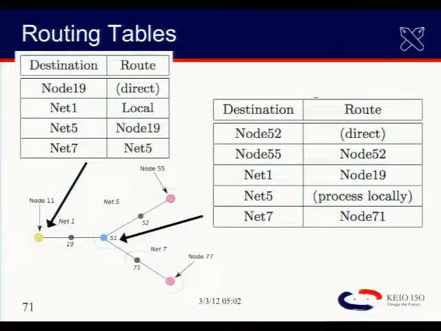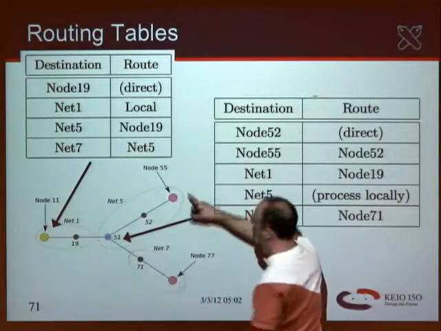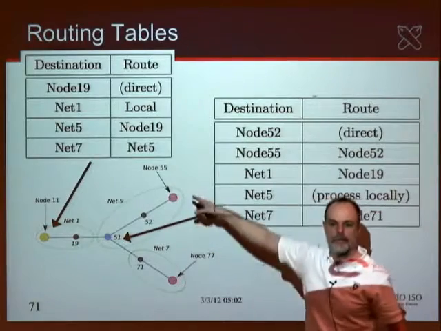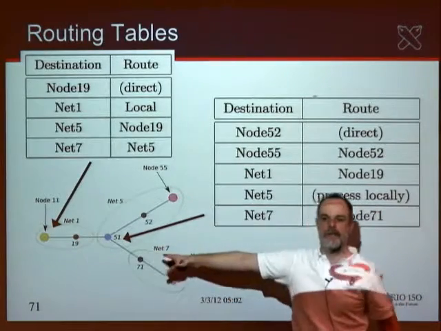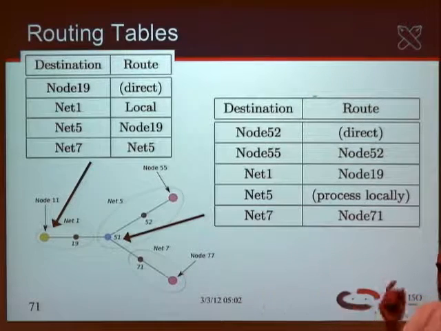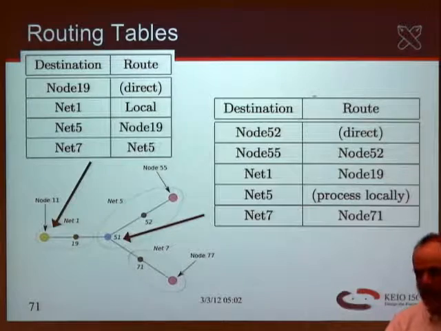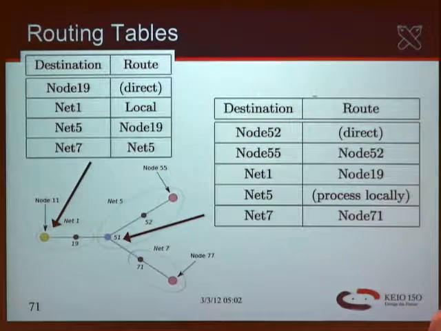Right? So that's node 55 out here. The original request from node 11 knows the address and name of these individual nodes, but it doesn't know the names of other individual nodes throughout the entire network. So it starts with a generic request that says, somebody here in the middle, connect me to that.